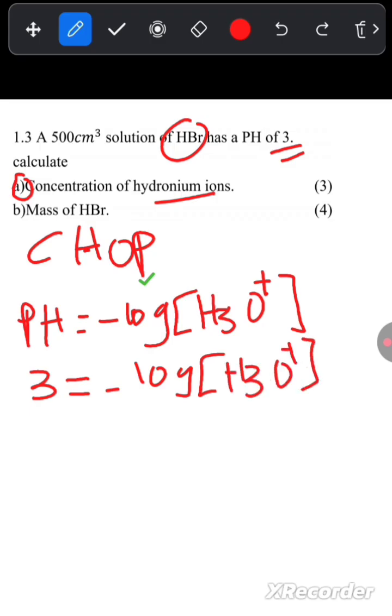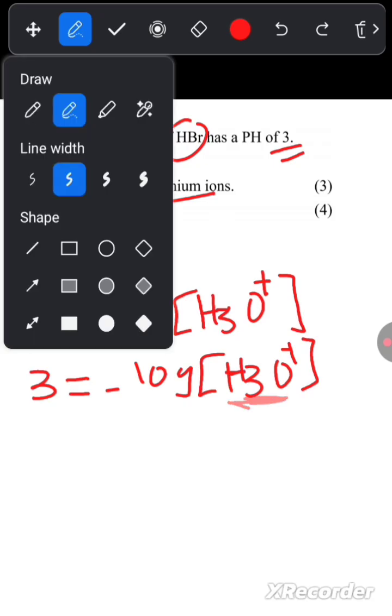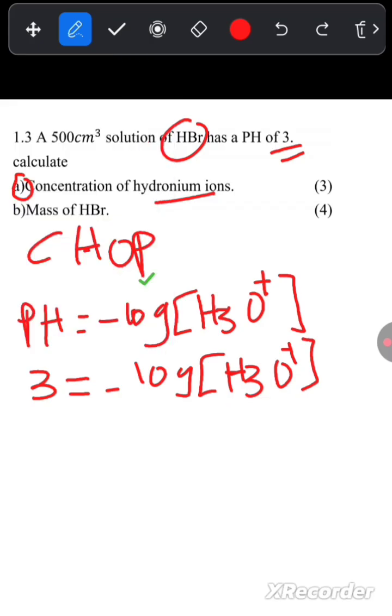Now to make hydronium ions the subject of the formula, you must know that the concentration of hydronium ions is equals to 10 to the power negative pH.